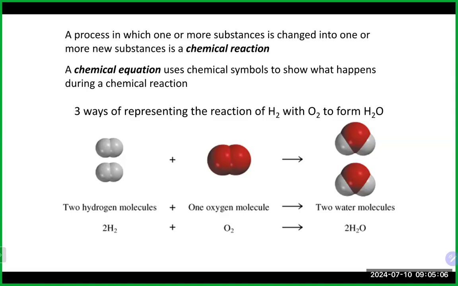Now, when we do have a chemical reaction, as we talked about with bonding, really the only thing that happens is all of the reactants, or the starting material, break their bonds, and then they basically reform on the other side.